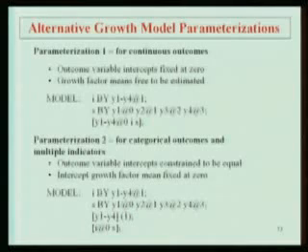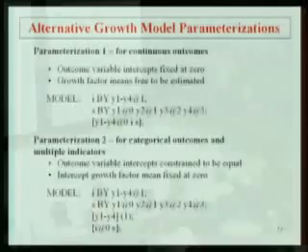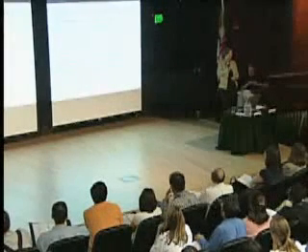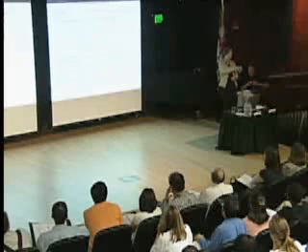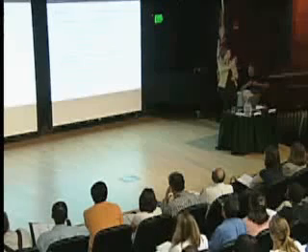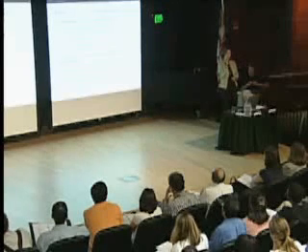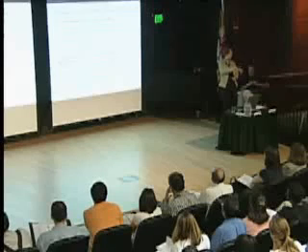In the binary case, if you fix it to 0, or if you hold them equal across time, you're going to get the exact same results. What you would normally find as the mean of the intercept growth factor, that parameter value you will find as the threshold value held equal. So it's just reparameterizing the model, putting something in a different place.